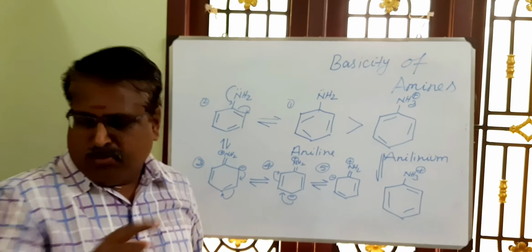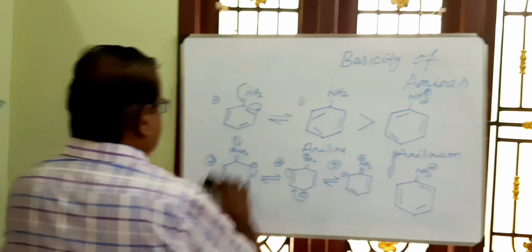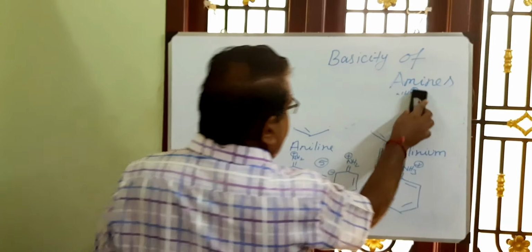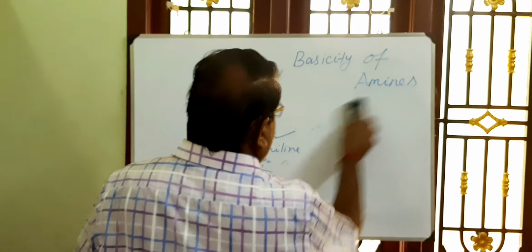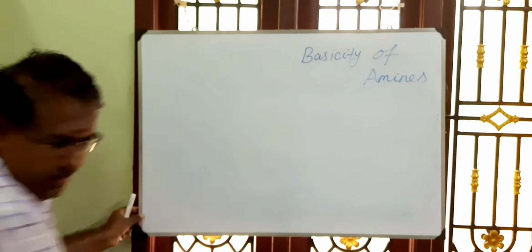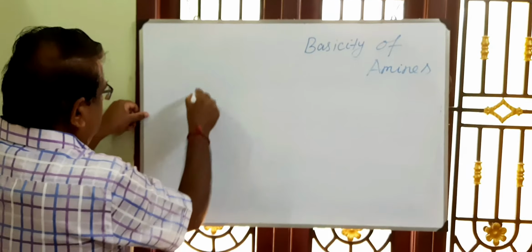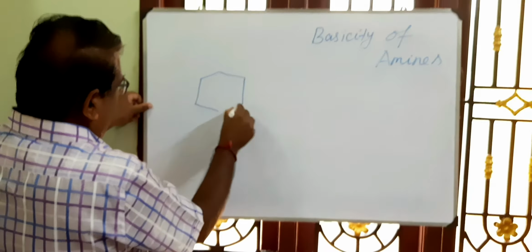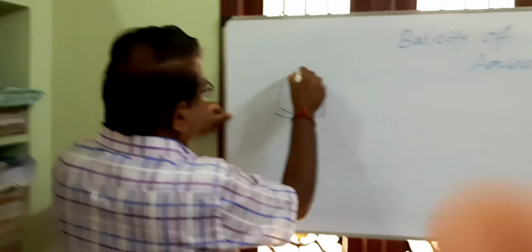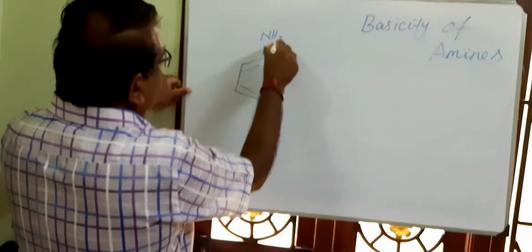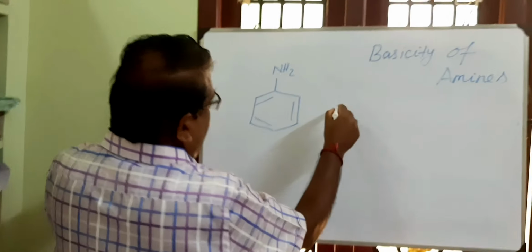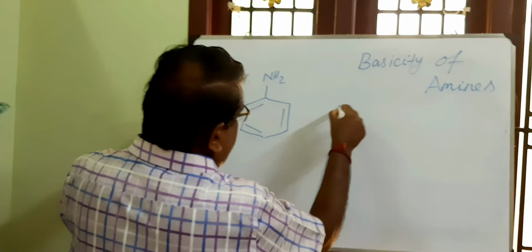Okay, let me explain one more example. Now consider these 3 molecules. And this is aniline, NH2. Now consider another molecule.